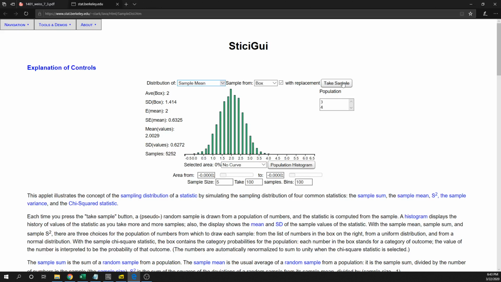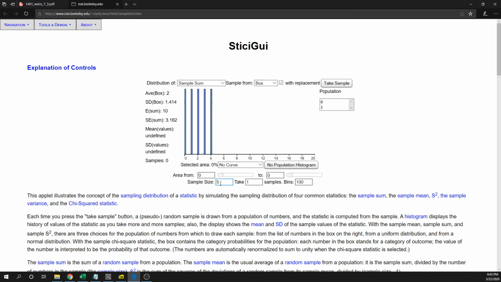Okay, and so that illustrates that. Now, let's take a look at samples of a fairly large size, let's say 50. And we're going to take 1,000 samples at a time now.